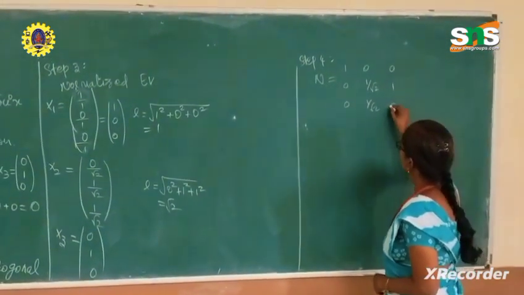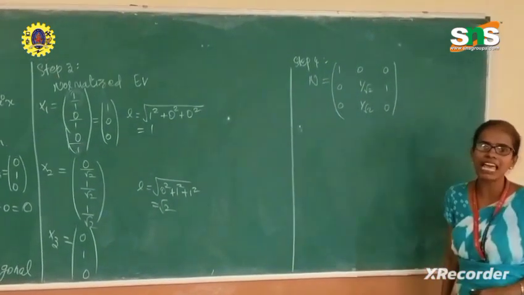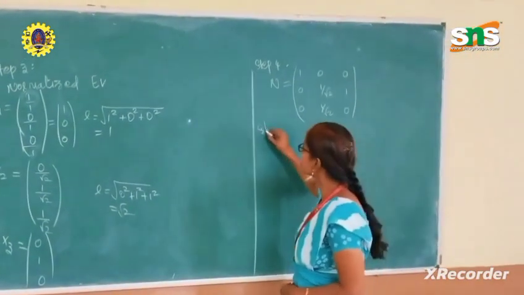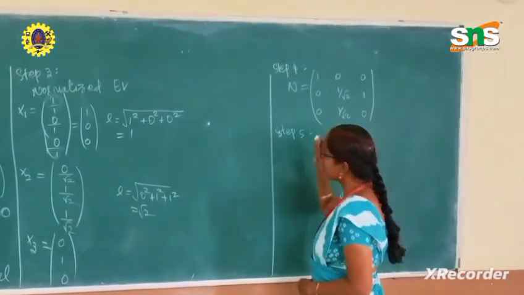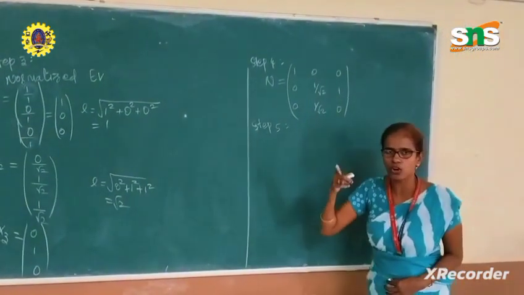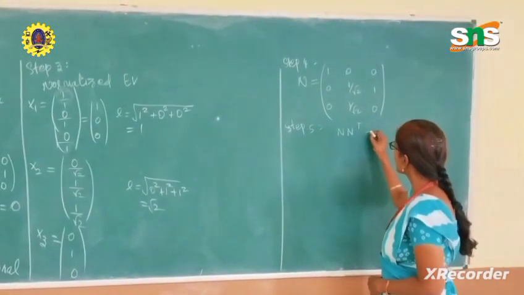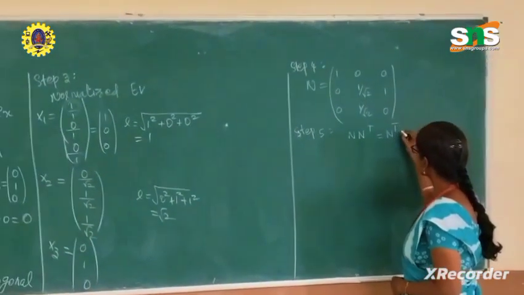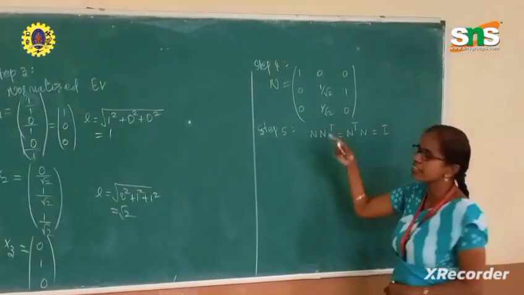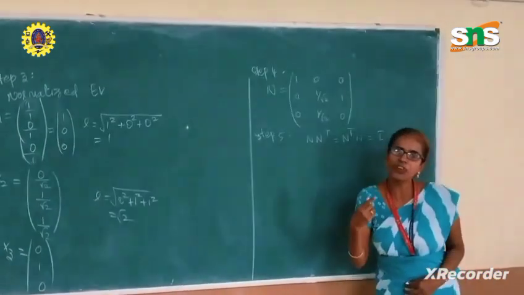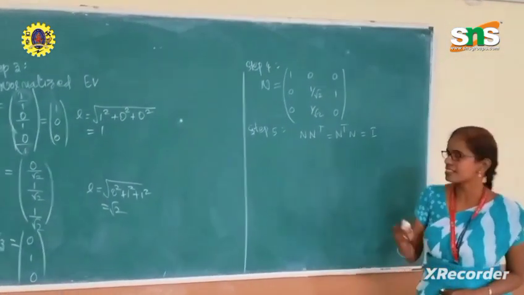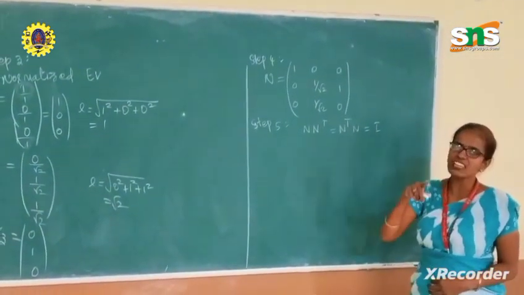This is called the normalized modal matrix. Step number 5 is to verify whether this N is orthogonal or not. The condition is N transpose N equal to I. After matrix multiplication, we get the identity matrix. From this we can say N is orthogonal.